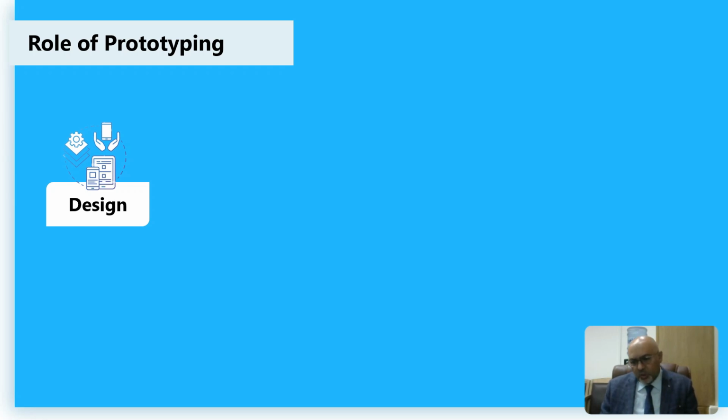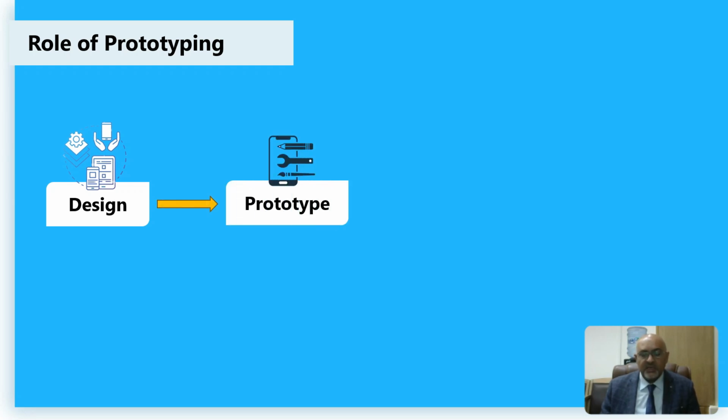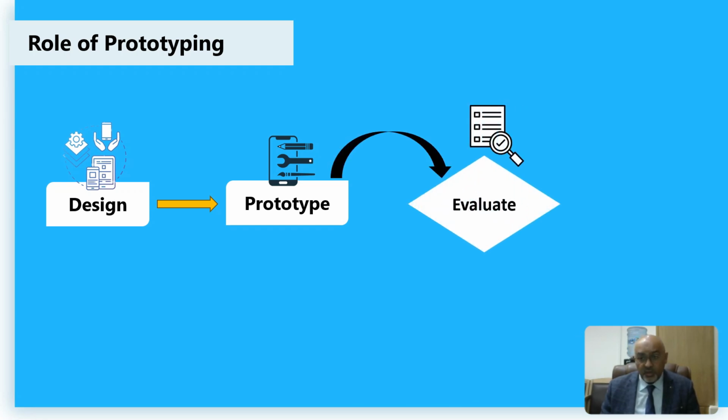Once we propose a solution or multiple solutions, we start designing prototypes. And once we have designed a prototype of any type, we evaluate that prototype in order to identify as many problems as possible, but it depends upon what evaluation technique you carry out, either formative evaluation or summative evaluation.